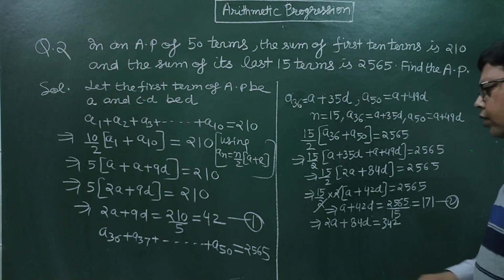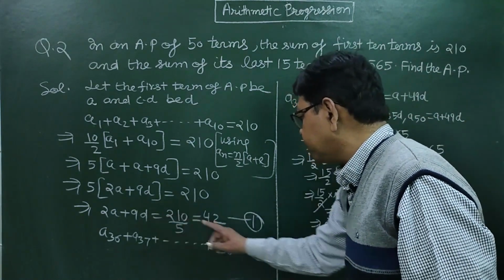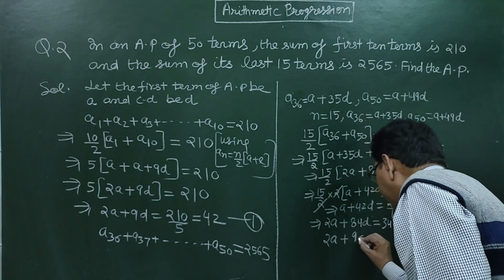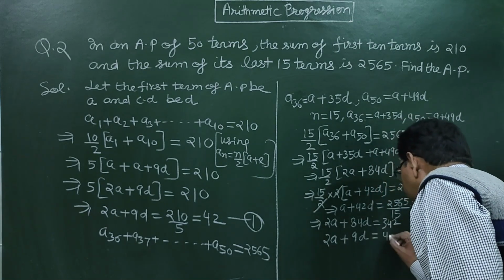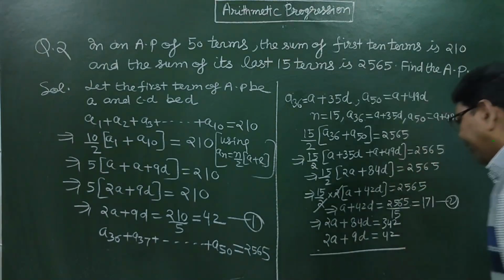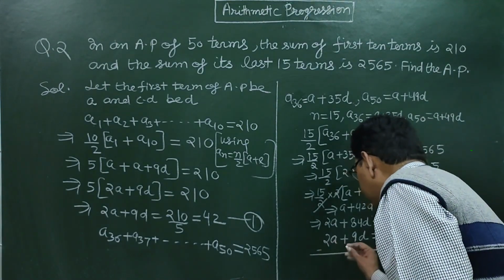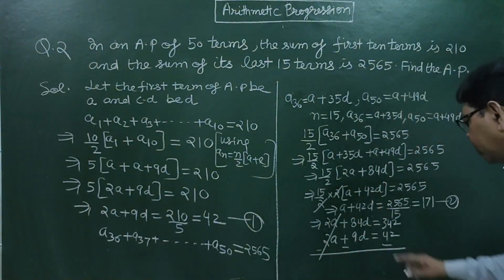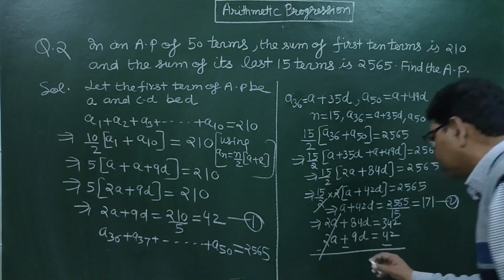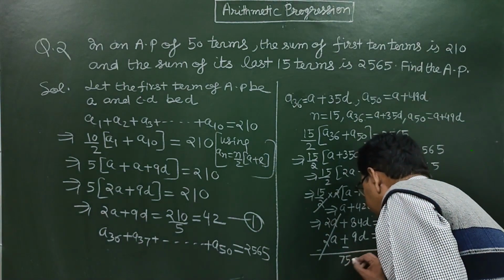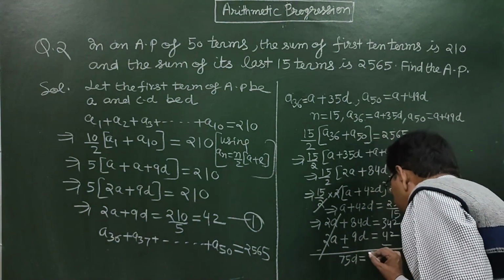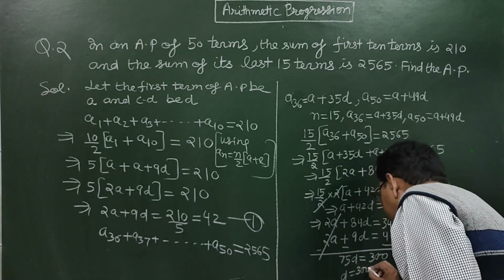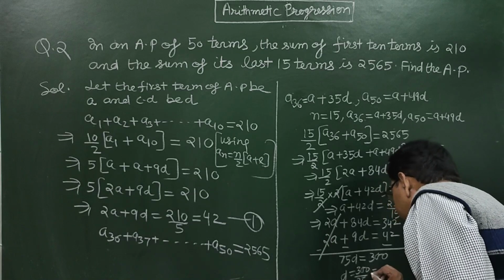And the first equation is 2A plus 9D is equal to 42. If we subtract, 2A and 2A cancel. 84D minus 9D is equal to 75D. 75D is equal to 300, or D is equal to 300 upon 75, which is 4.